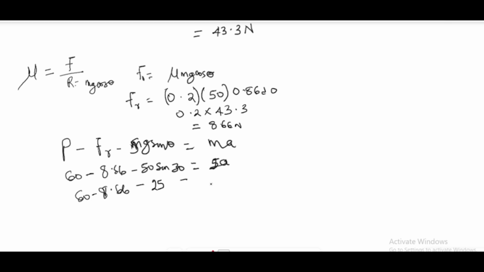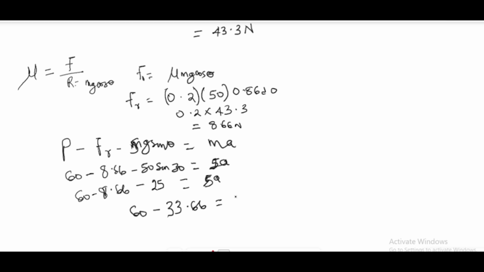So if I add the 25 to 8.66, we will have 33.66, and that is equal to 5a.